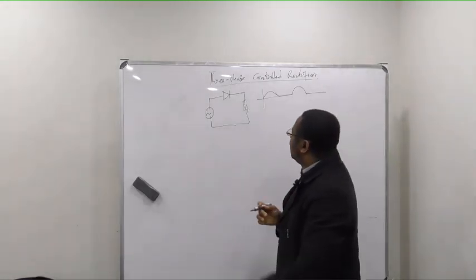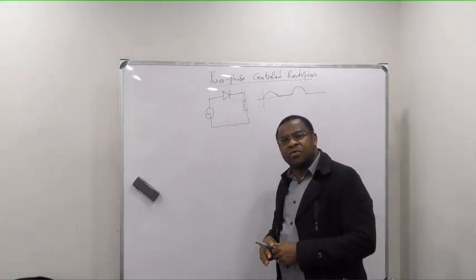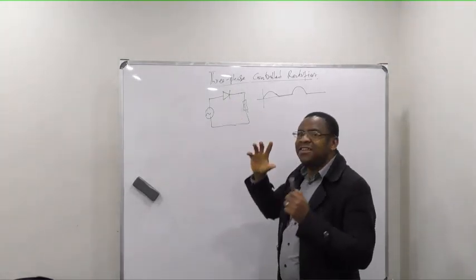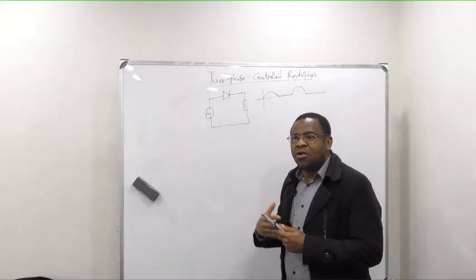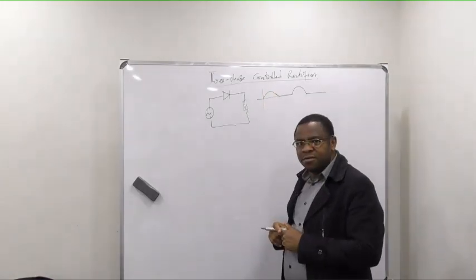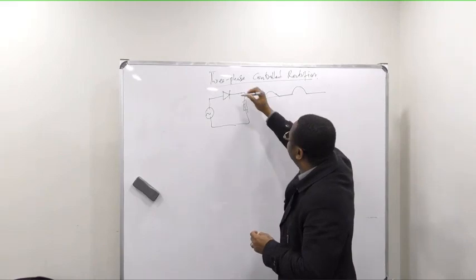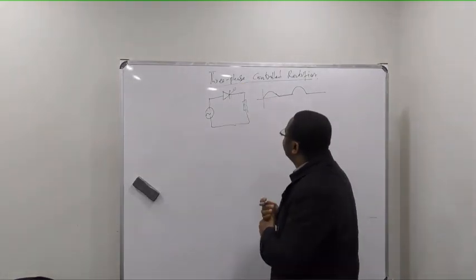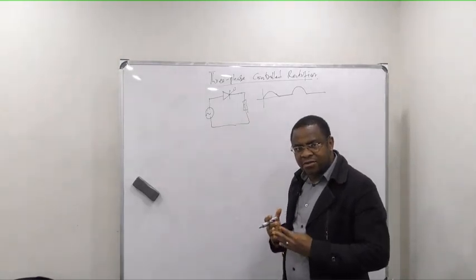Now when we talk about controlled, we are going to put a thyristor here instead of a diode, so that we can control this time of on. So I'm going to put a thyristor there and introduce the firing angle.